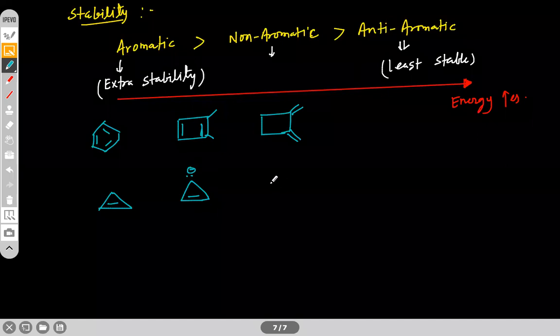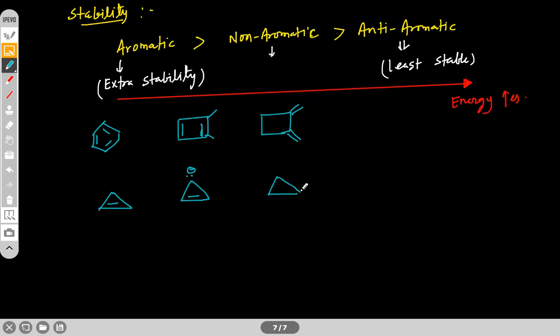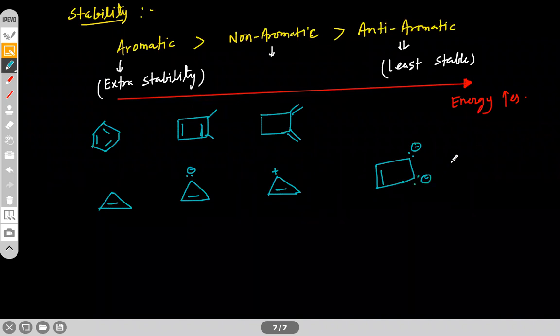This is a negative charge. This is a positive charge. This is negative. This is negative. Positive. Positive.